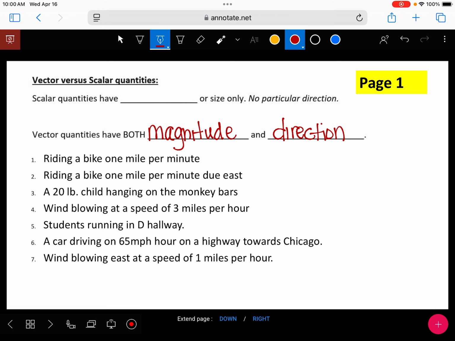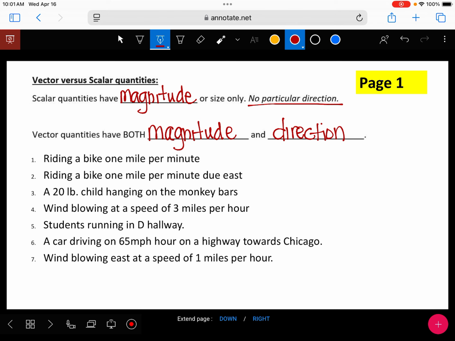A scalar, however, only has a magnitude. So we know the size, but we don't know what direction. So let's look at these first 7 statements and determine if each one represents a vector or a scalar.